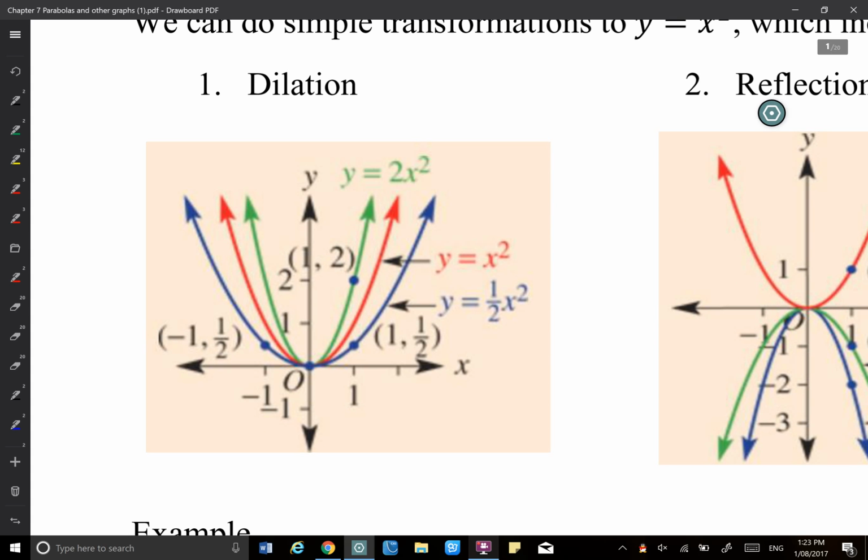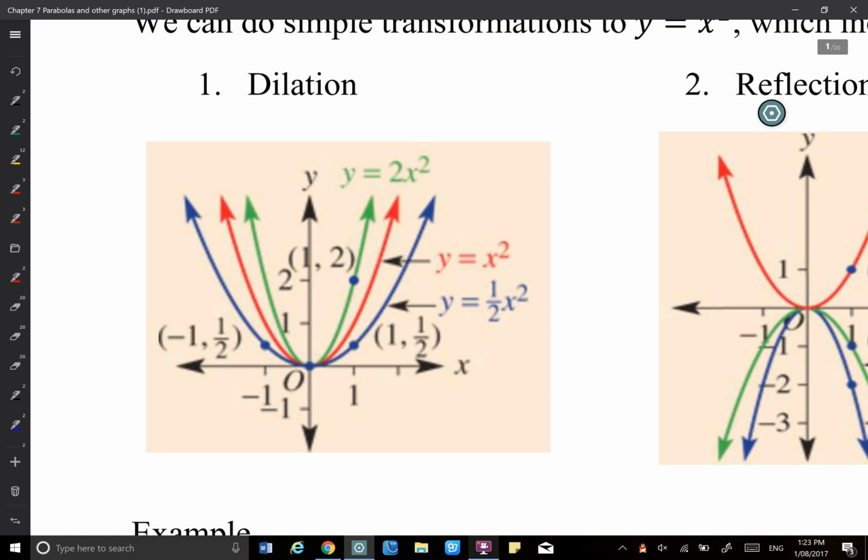So let's have a think about dilation first. The green graph on mine is 2x squared. The red one is the standard graph, which is y equals x squared. And the blue one is half x squared. What can you see from this? You can see that the higher the number a is, the narrower the graph is.